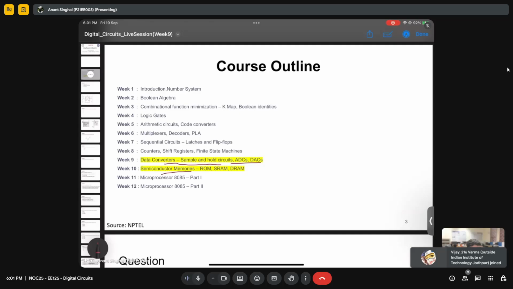The different kinds of memories in our syllabus contain ROM, SRAM, DRAM, etc. There are also some topics not mentioned explicitly, such as Hamming code correction and detection, and PAL and PLA, which are different kinds of circuits. We'll be looking towards week 10 content in today's lecture, because week 9 content has already been covered in the previous lecture. So with that, I think we can start the session.